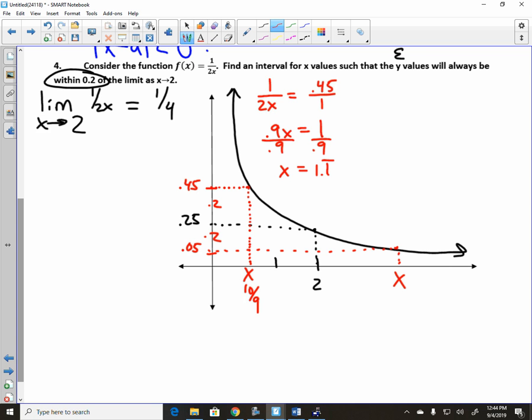How do I do that? 1 over 2x equals 0.05 over 1. Now what? Cross multiply, and I get 0.1x is equal to 1. Divide by 0.1, and I get x is 10.